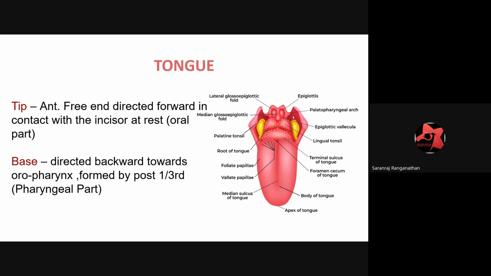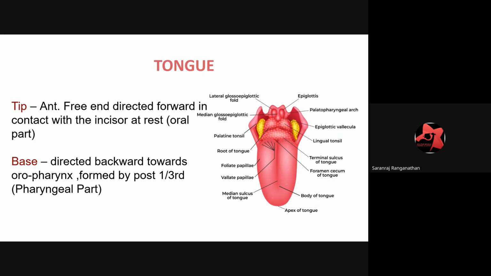And next, the palatopharyngeal arch. Then this one, the epiglottic vallecula. And this part, the lingual tonsil. Then this is the terminal sulcus of the tongue, and at this end part is the foramen cecum of the tongue.